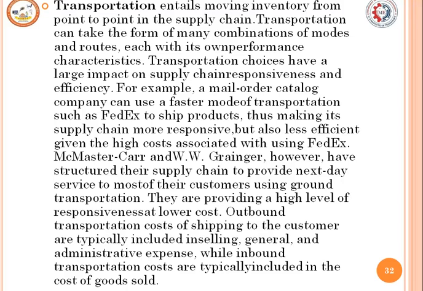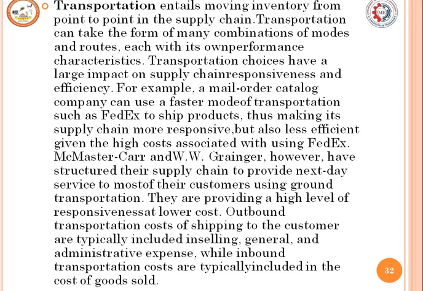Transportation is an important part of the supply chain. When you transport goods, you have to check the mode and routes so that the products won't fail. So their performance is very important. Transportation choices have a larger impact on supply chain responsiveness and efficiency. The best example here is FedEx, where products are moved from one location to another, but the cost associated with FedEx is high.